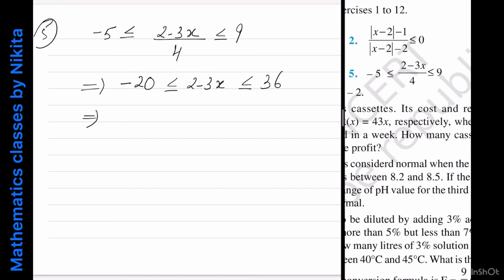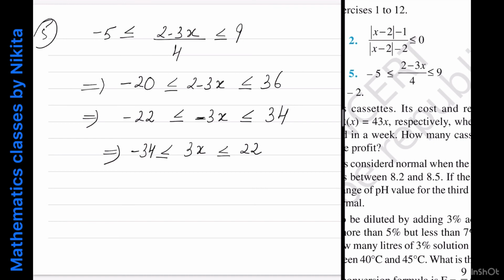Then this implies I will subtract 2. So minus 22 less than or equal to minus 3x is less than or equal to 34. Now since we have a negative sign here, I will multiply by minus 1 in both the inequalities. So the sign will get reversed. So what you will get is that 3x is greater or equal to minus 34 and 3x is less than or equal to 22.